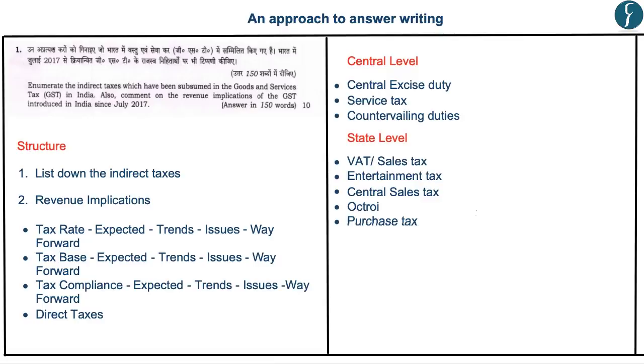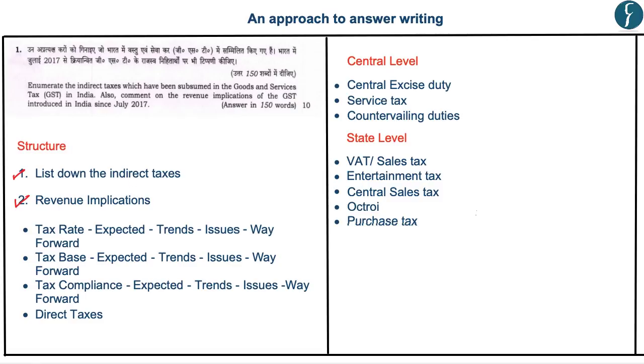Now, coming back to the question, it read, enumerate the indirect taxes which have been subsumed in the goods and services tax in India. Also comment on the revenue implications of GST introduced in India since July 2017. As I've already mentioned, there are two key aspects to this question. One is to list down the indirect taxes that have been subsumed under GST, and the second one is the revenue implications of introduction of GST since 2017.